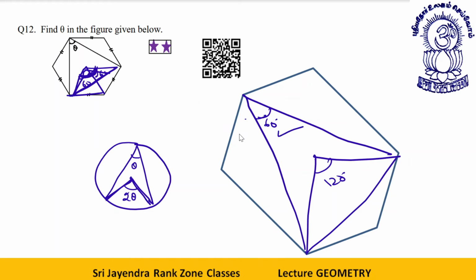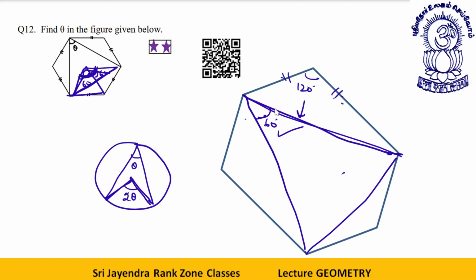The other method is, my dear students, this is a regular hexagon. These two sides are equal, and this angle is 120 degree.